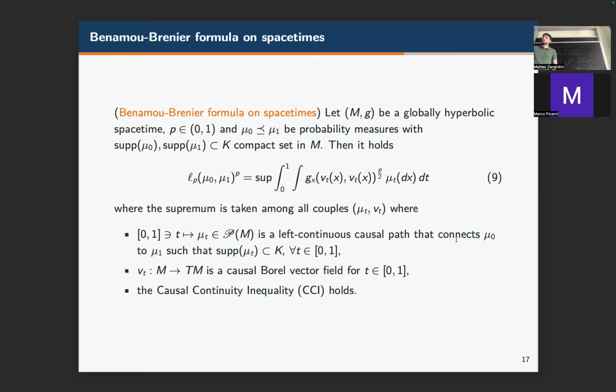Via some sort of gluing method, you can prove it. I had a look at this some days ago, and it should be independent of the Benamou-Brenier formula. You can do it via gluing. It's very easy.